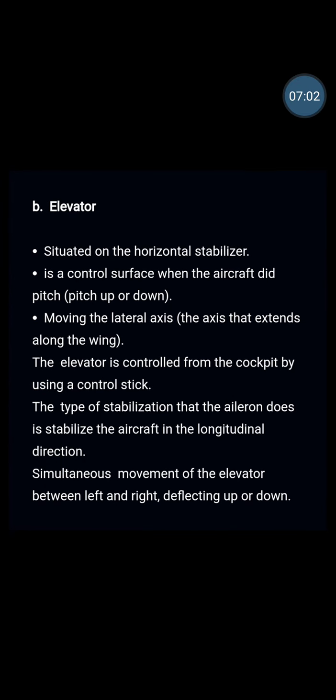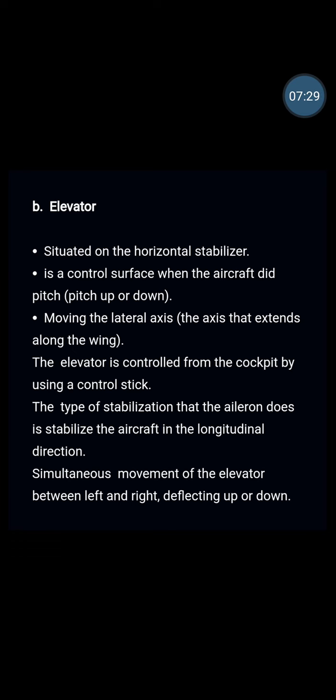B. Elevator. Situated on the horizontal stabilizer is a control surface for when the aircraft pitches up or down, moving on the lateral axis, or the axis that extends along the wing. The elevator is controlled from the cockpit by using a control stick.